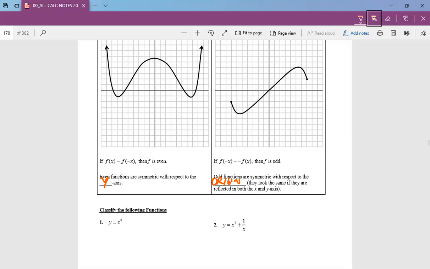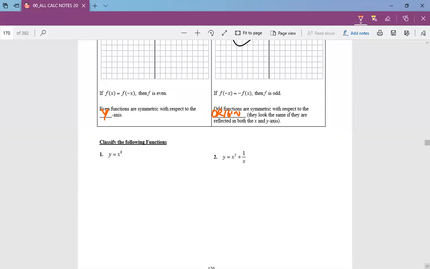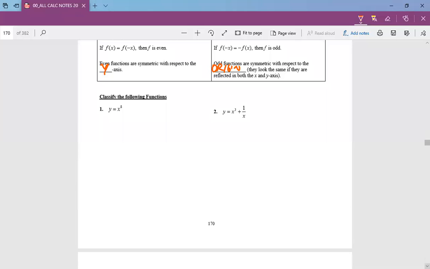We start off by saying, okay, if this is the function f of x, if we want to think of it as f of x equals x to the 8, then f of negative x, and we consider what happens if we look at negative x.